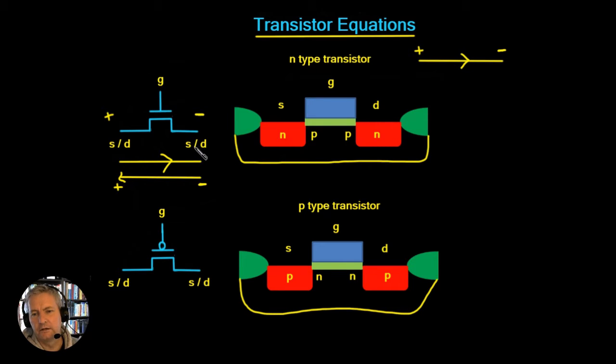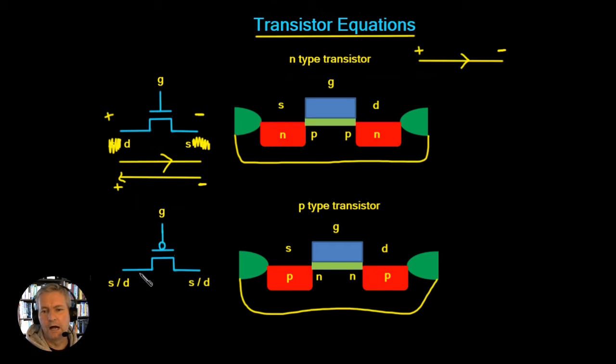So in this case, this end here is the low voltage, so it must be the source, and the high voltage side here must be the drain. So if the conventional current is in this direction, then this side here is the source, and this side here is the drain.